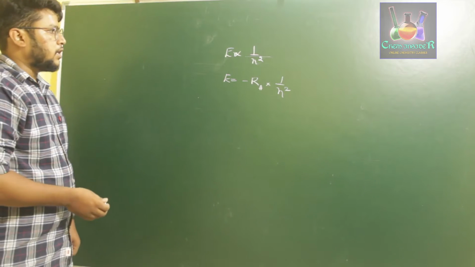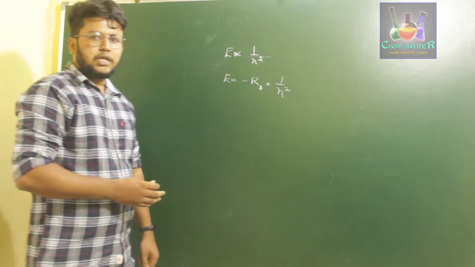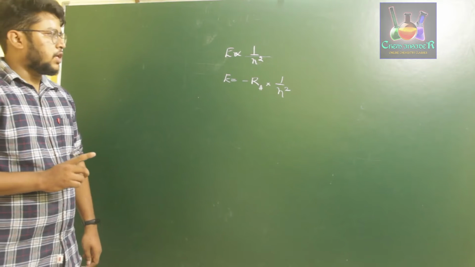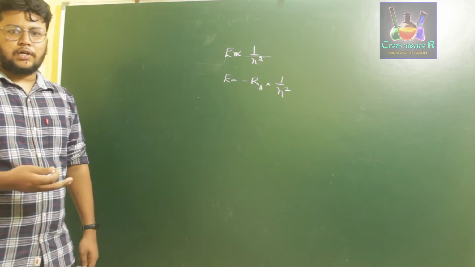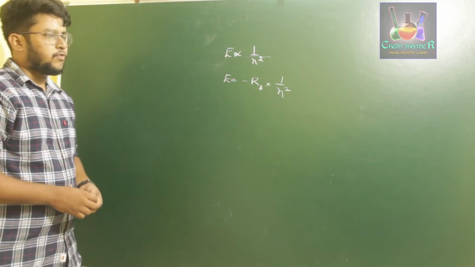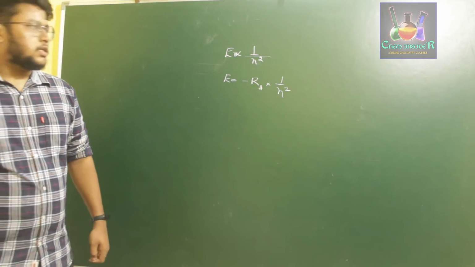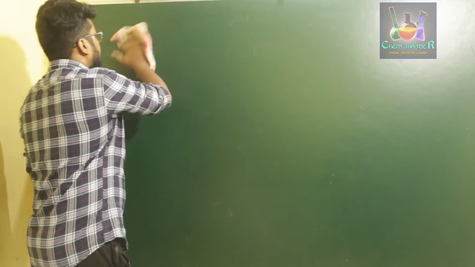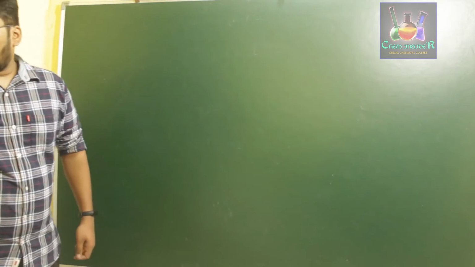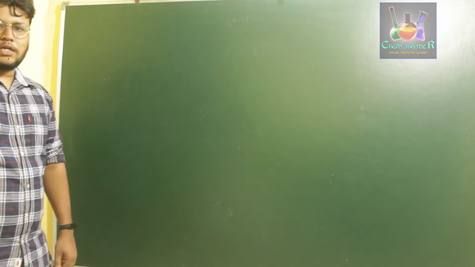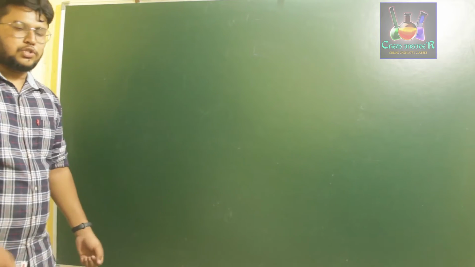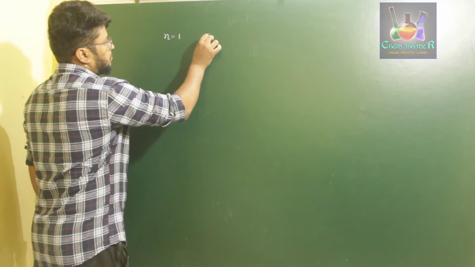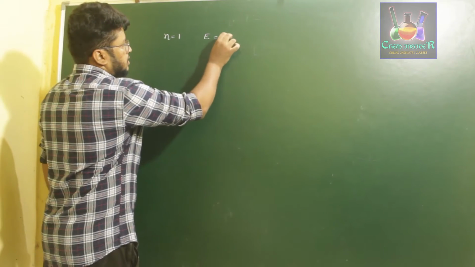Clearly, in the first case the hydrogen atom was a uni-electron system, that is, it had just one electron. For a multi-electron system, we might get a different energy pattern. So let us first discuss the energy for a one-electron system.